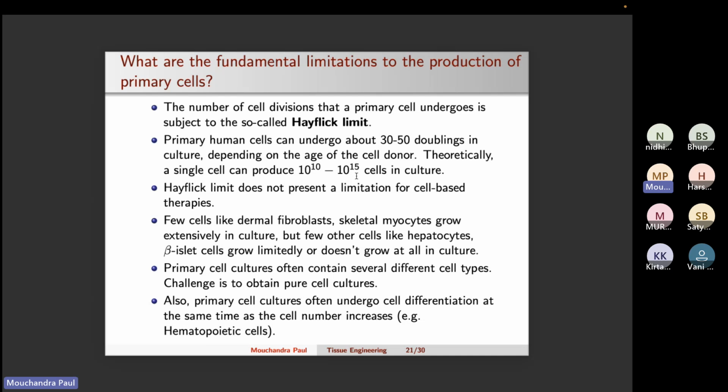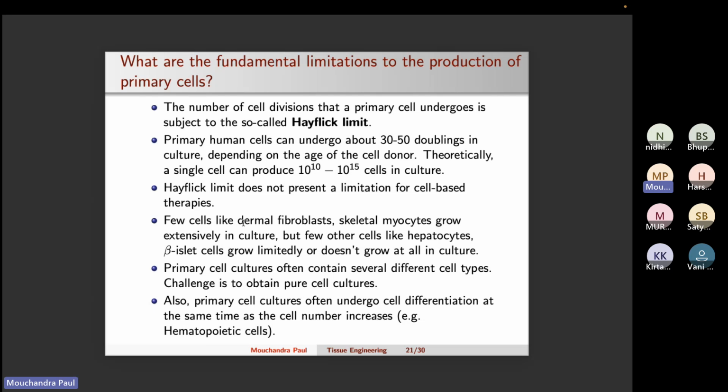And a primary cell can give more than enough cells. So the Hayflick limit is not a limitation here. But again, I would like to repeat that different cells in our body have different proliferation potential. Okay, so you have to take care of that.